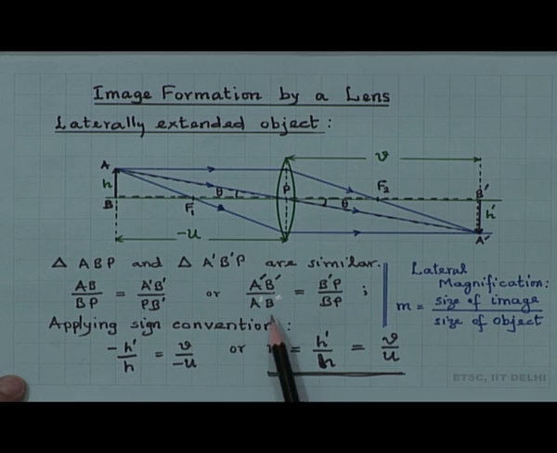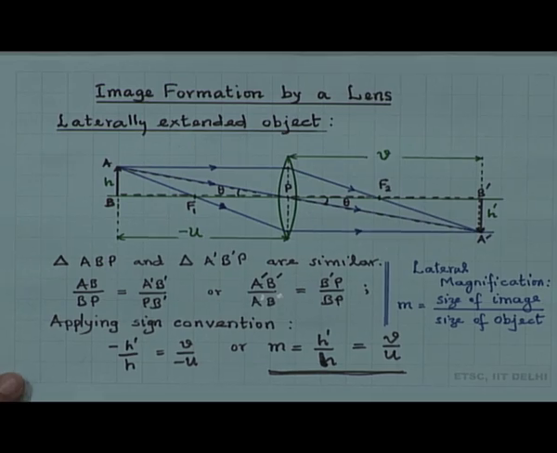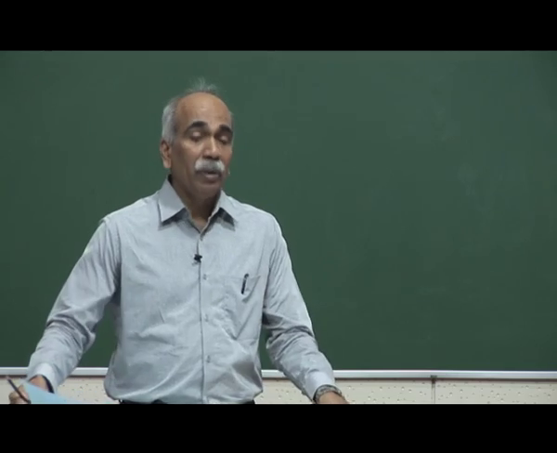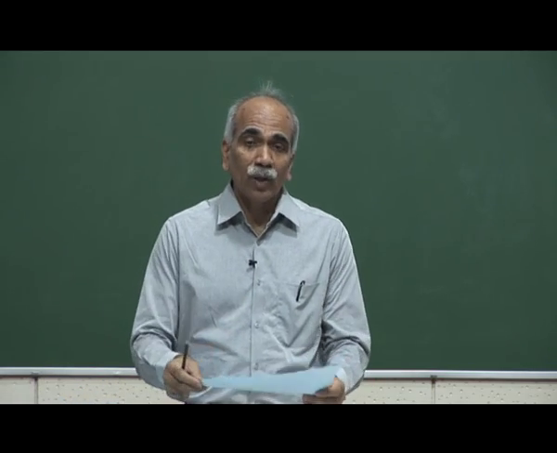So, that is what we have substituted here, or M is equal to H dash by H is equal to V by u.